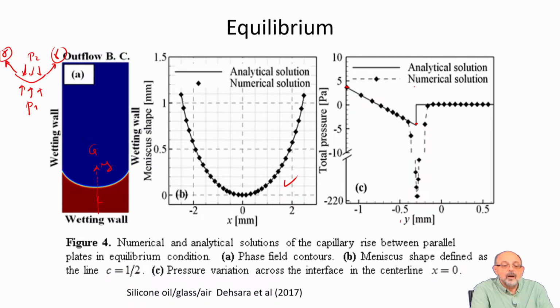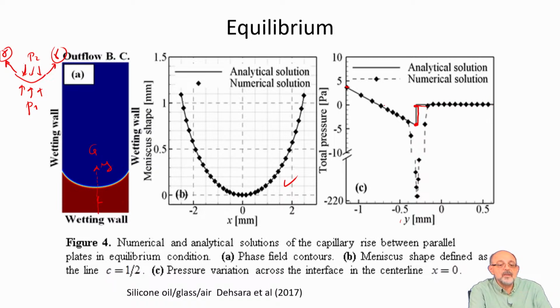So my sharp interface model gives me a jump in pressure here, and then in the gas, low density, nearly constant. Well, you can put some small density, and I think you have some small density, but these are small dimensions, so you practically see no change in pressure in the gas.